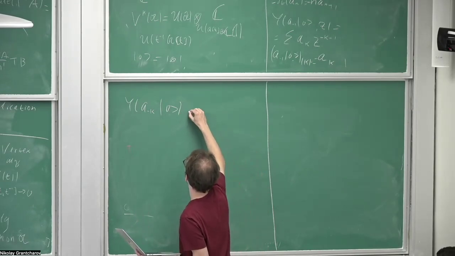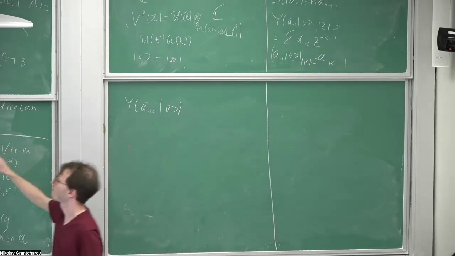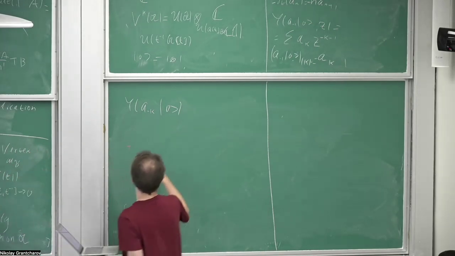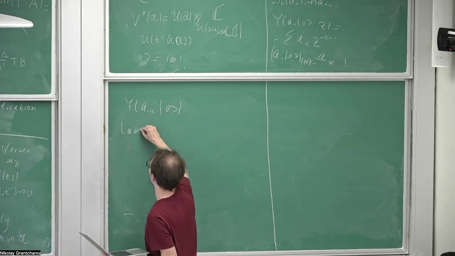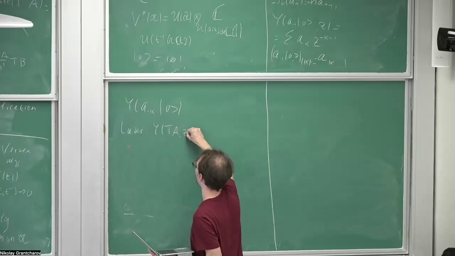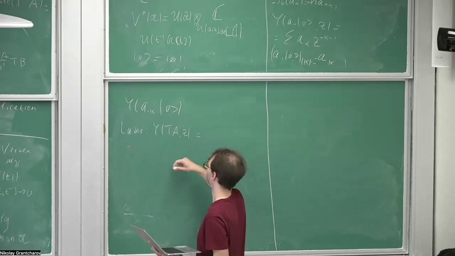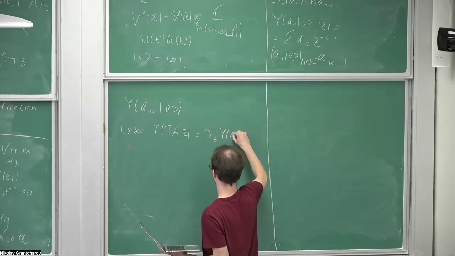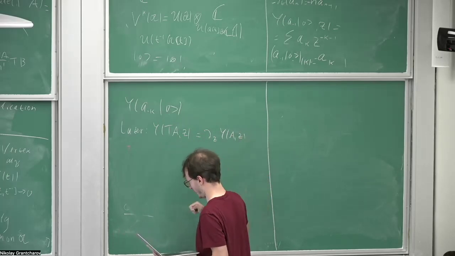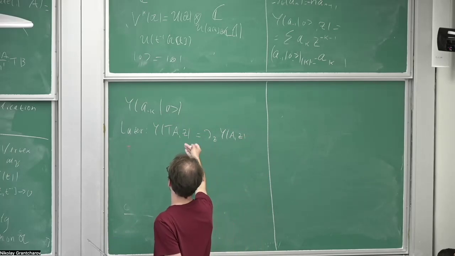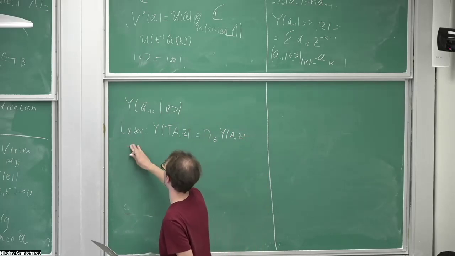We will see later, apart from this axiom about the commutator of T and Y, that Y of Ta at z is also the derivative of Y of a at z. Also gives a derivative.